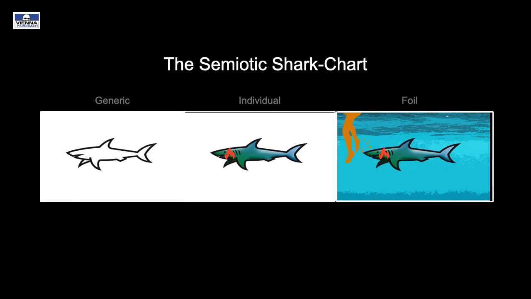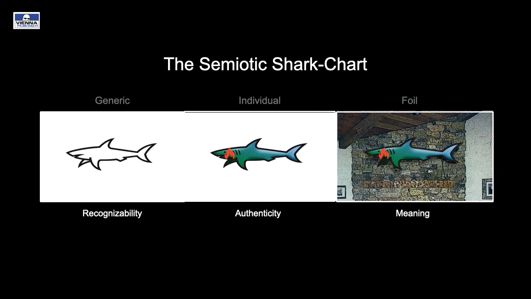Now we have a recognizable shark, which is authentic as an individual and meaningful within a given setting. How does the setting add meaning? Well, imagine our shark is not set in the depths of the ocean, but rather on top of a fireplace. Now he's no longer the king of the ocean. The meaning has totally shifted.